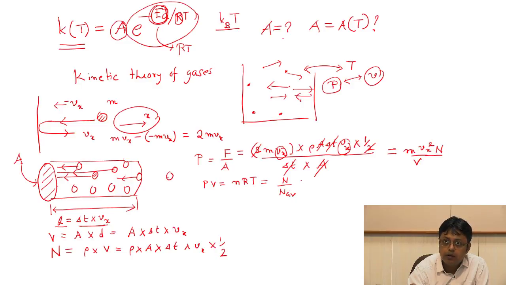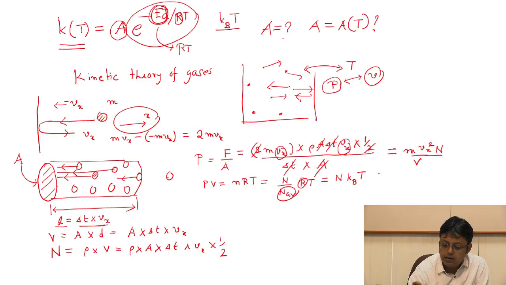So total number of molecules divided by Avogadro number times R times T. Now you can see that this R by N Avogadro is nothing but the Boltzmann constant. So we can also write that it is N into kB into T.